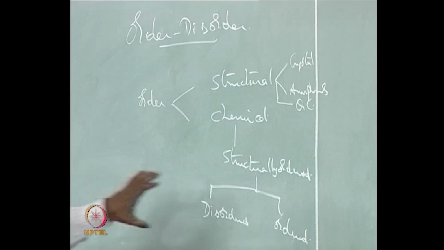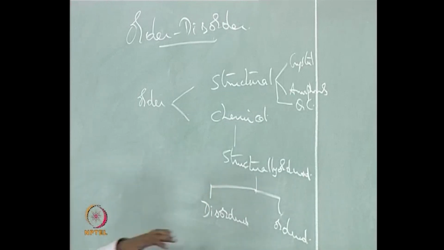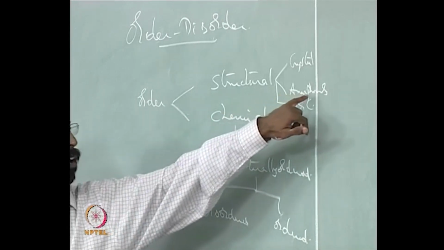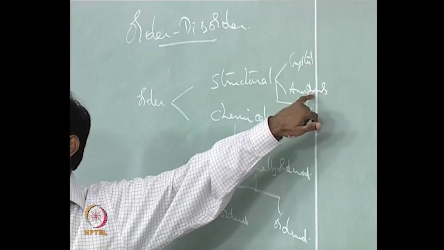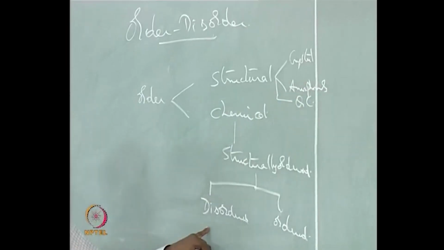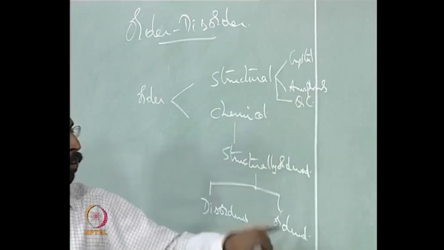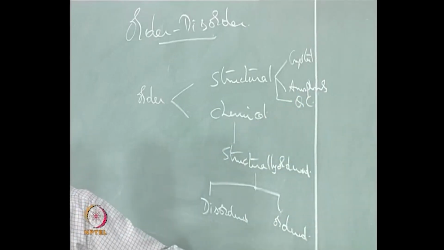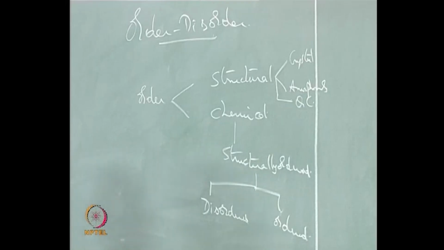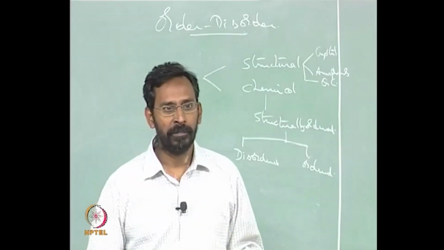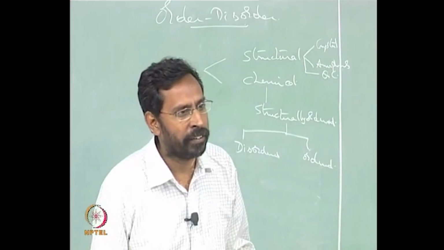And when I am saying long range order, it is not possible to have a structural disorder and a long range order; these two will not go together. You cannot have an amorphous alloy which is chemically ordered, because it is already structurally disordered.